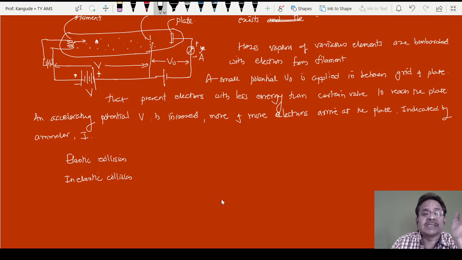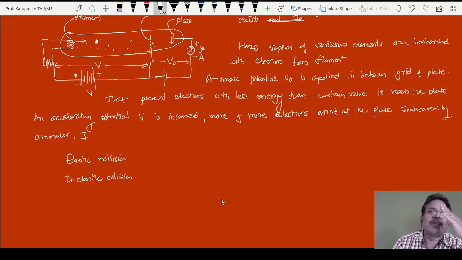Then again, as I go on increasing the potential, a second spike is found. Again more and more electrons arrive at the plate, so current flows in the circuit, and again it falls to a lower value.